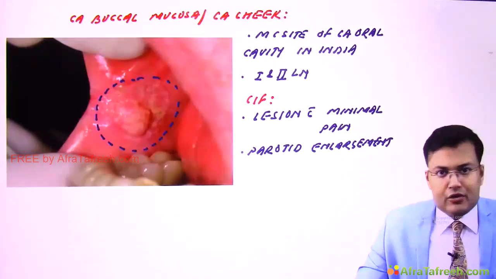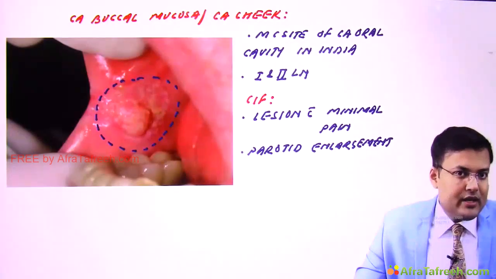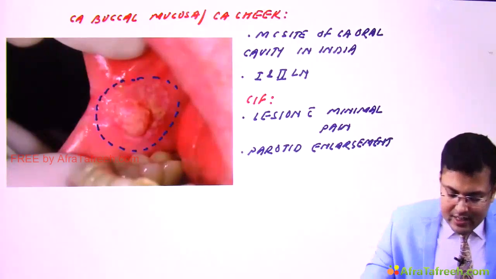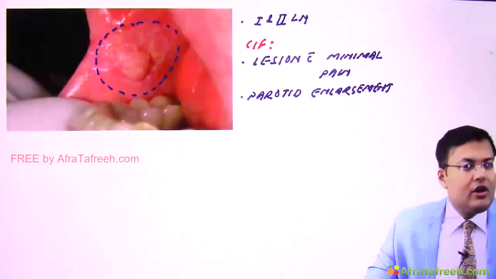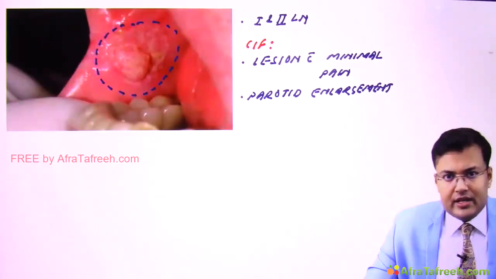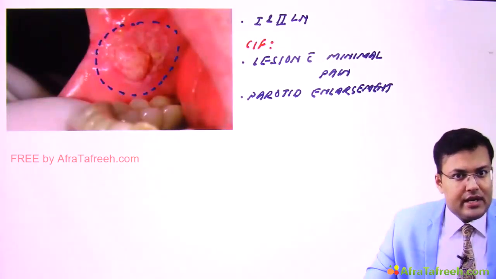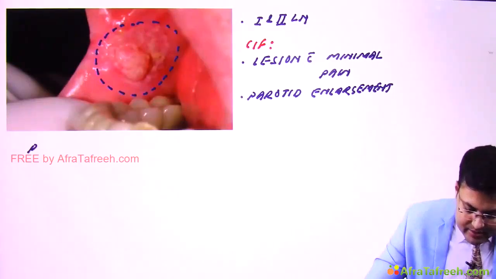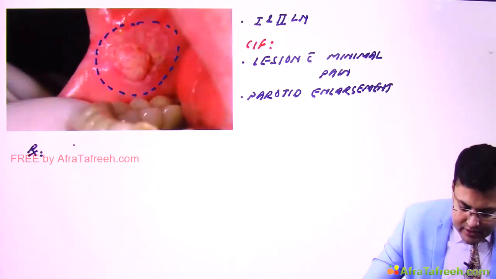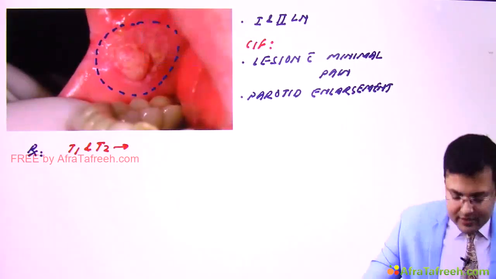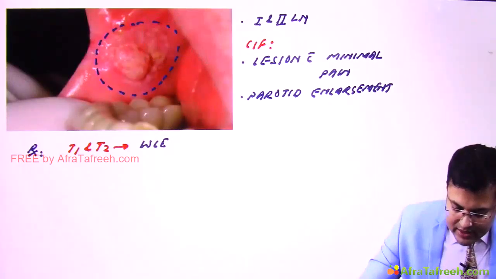So investigation of choice for diagnosis is same, edge biopsy. For staging it's MRI. And what's the treatment principle we follow? For T1, T2 we go for surgery. T3, T4 we go for surgery plus radiotherapy. So see the treatment for T1 and T2 we go for surgery. And what is the preferred modality? Wide local excision with 2 cm margin.